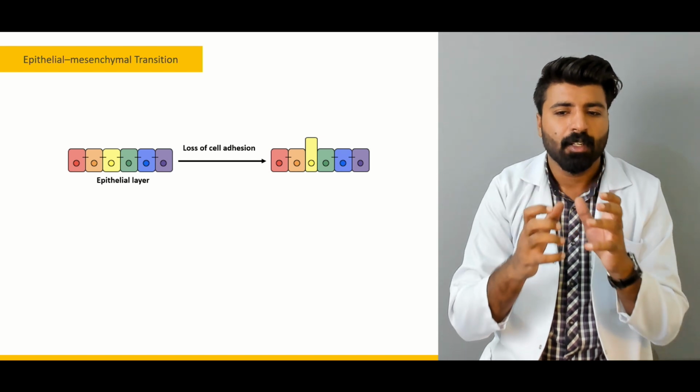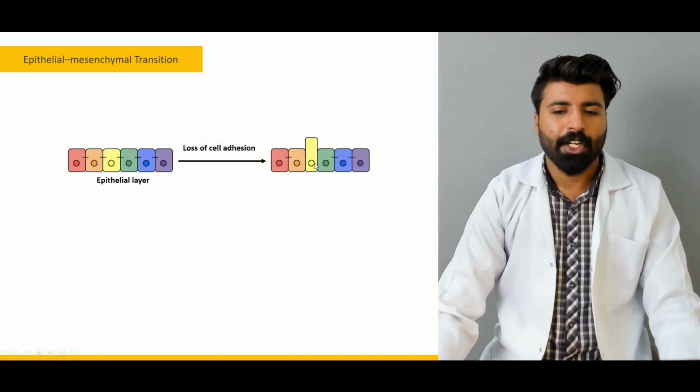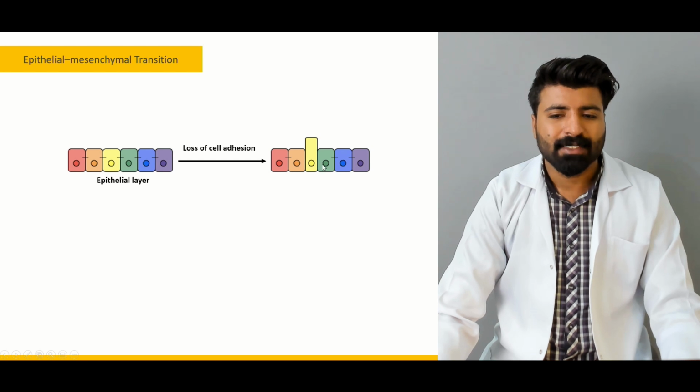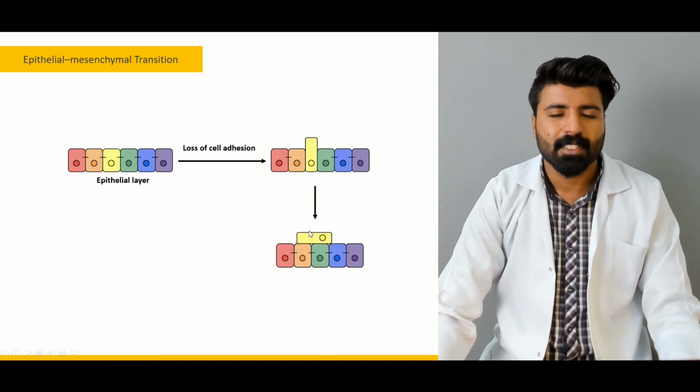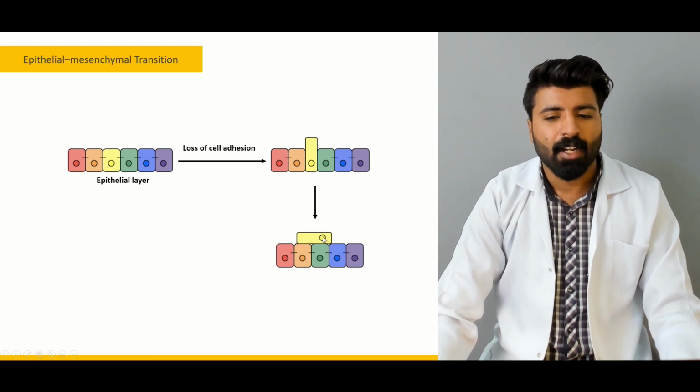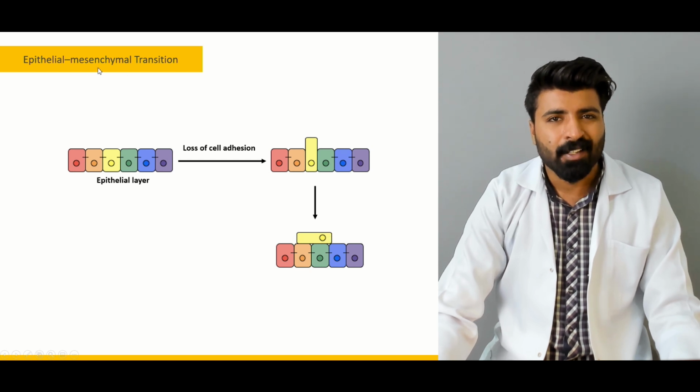It's not fitting in. So what will happen? It will try to shrink out. These adherents will try to force it out. So this gets out of it, and now it becomes a part of mesenchyme.